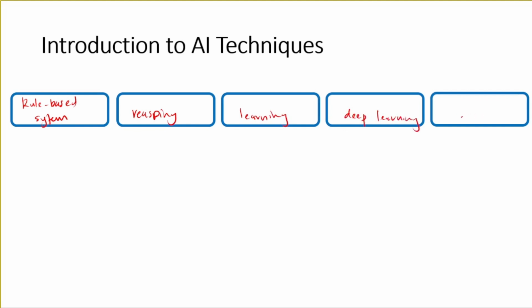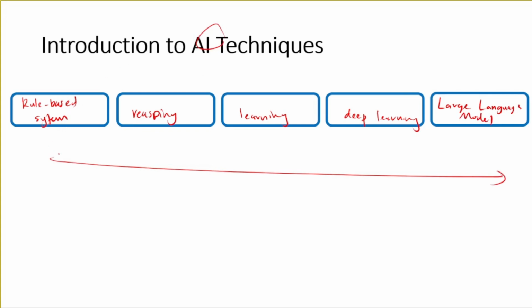So we also might have what is happening right now, large language models. Okay, so this is the timeline for AI techniques so far, from the beginning. So we have rule-based. In this particular rule-based, we have many things to be understood and digested.